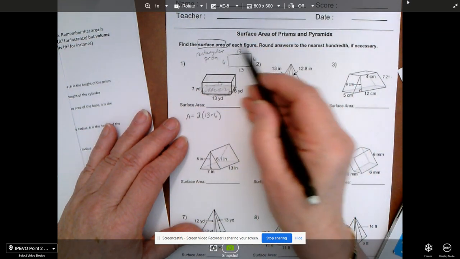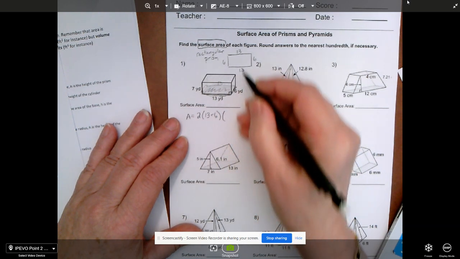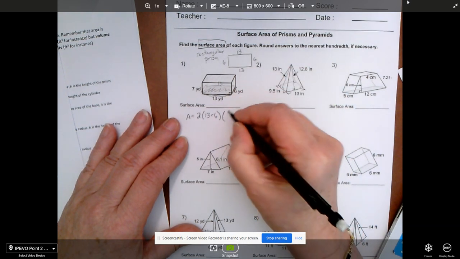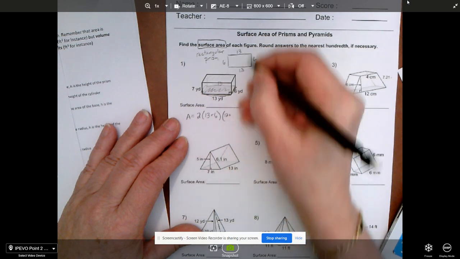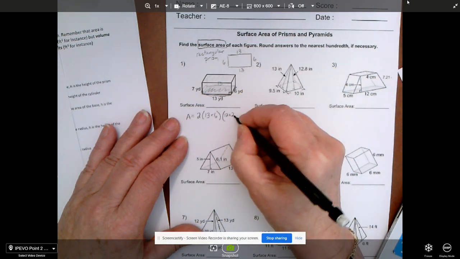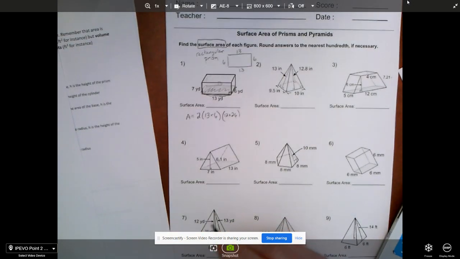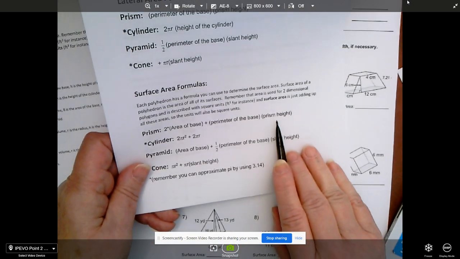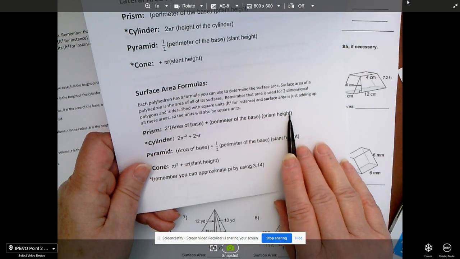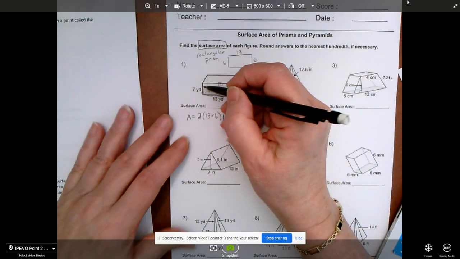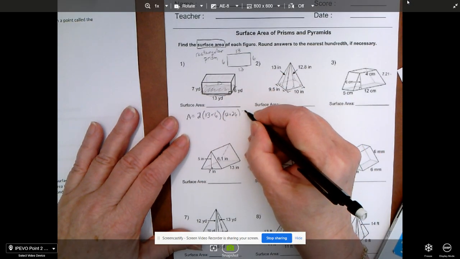If I add all of those up, 6 plus 6 would be 12, plus 13 plus 13 would be 26. So 12 plus 26 would be my whole perimeter. And then I have to multiply it by the prism height. Well, the height of my prism here is 7.